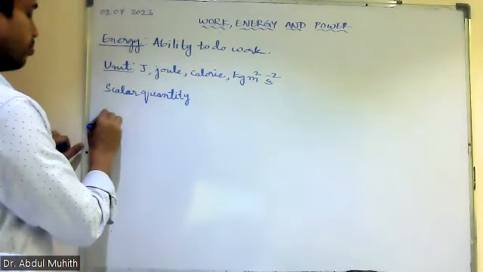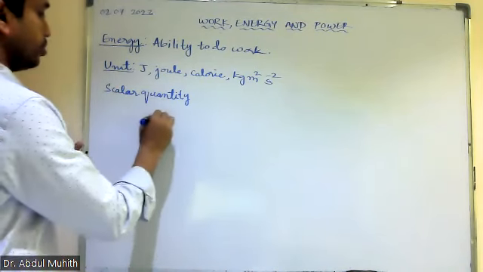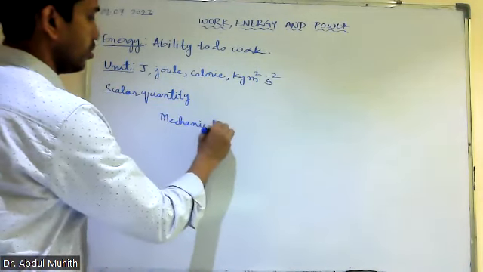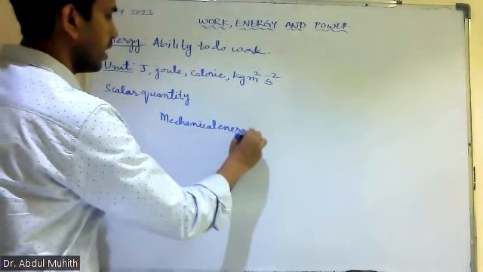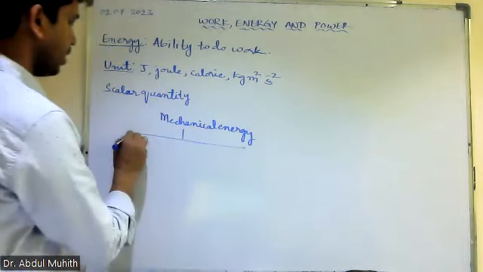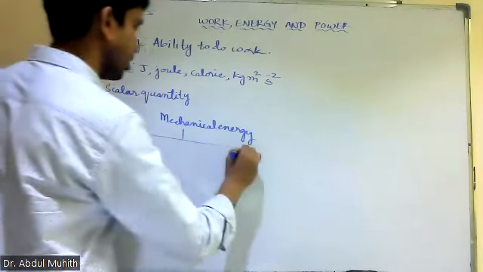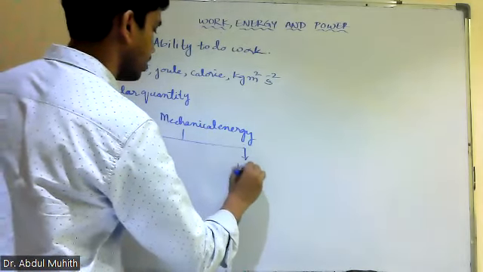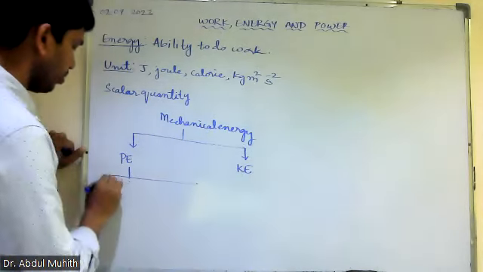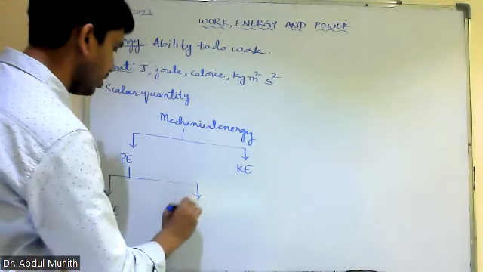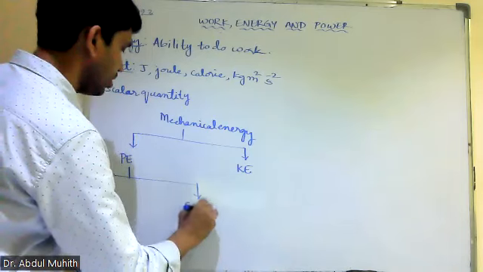Now we will speak about mechanical energy. If you look at the mechanical energy classification, the ability to do work is mechanical energy. In mechanical energy, we have two types of energy. One is potential energy. The second one is kinetic energy. In potential energy, again, we have two types. One is GPE, gravitational potential energy, and one is EPE, elastic potential energy.